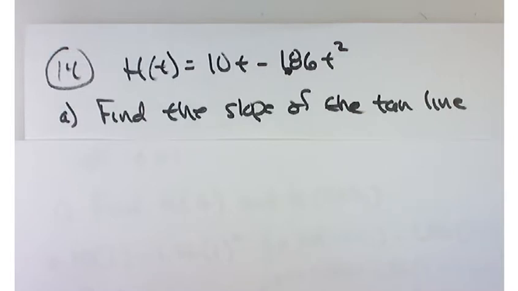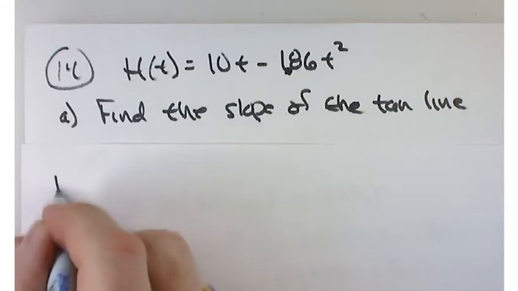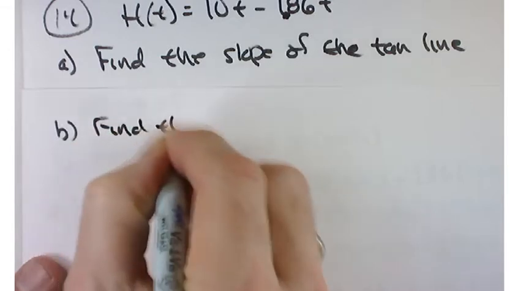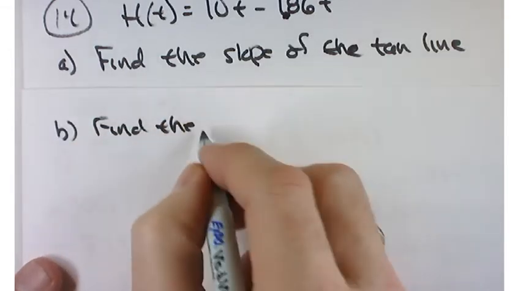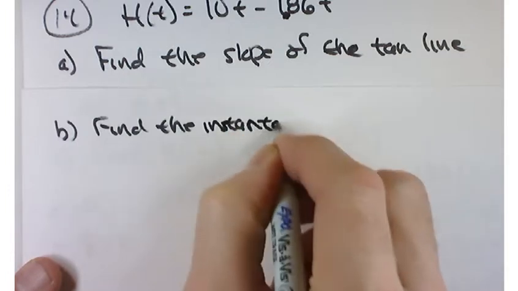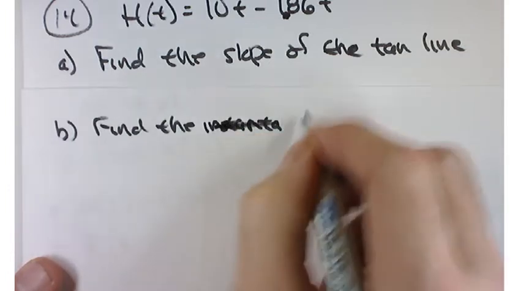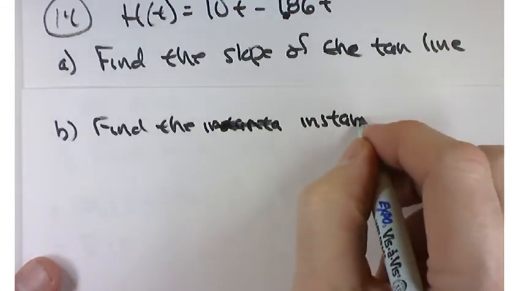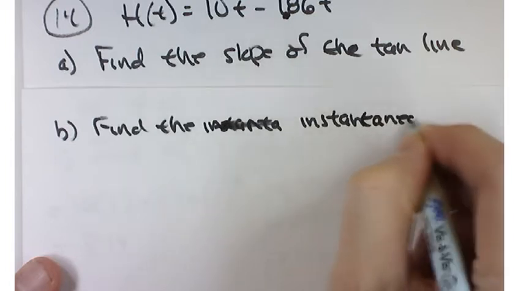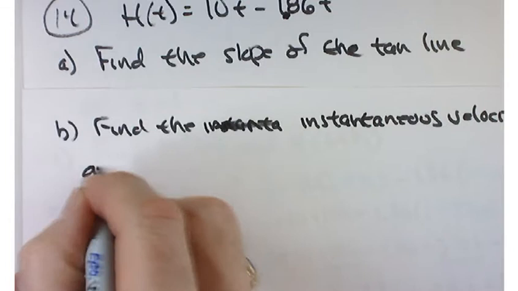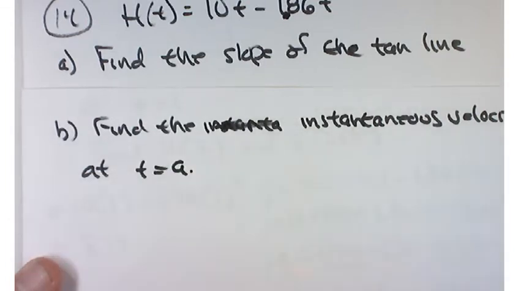So part B for this question that we didn't cover the other day says find the instantaneous velocity at time equal a.